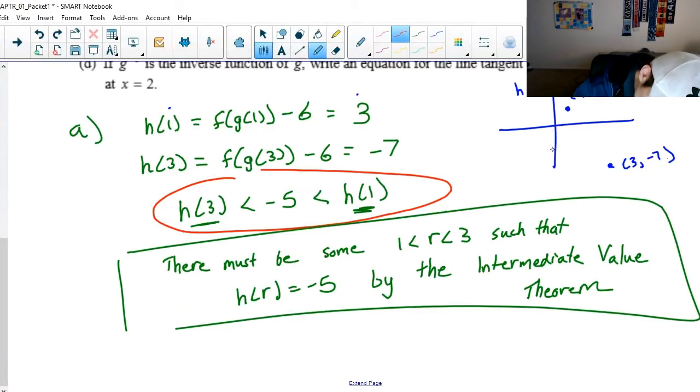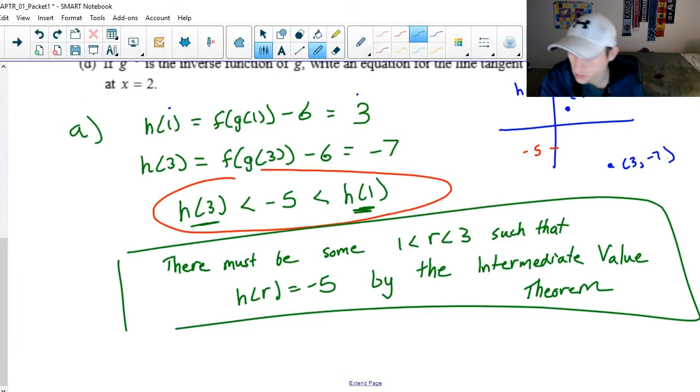And then somewhere over here is where the y value negative 5 is. And so what the intermediate value theorem basically says is if I want to connect these 2 points, and if I know the function's continuous, which we know because the problem told us it's differentiable, then at some point we're going to pass through that y value of -5.